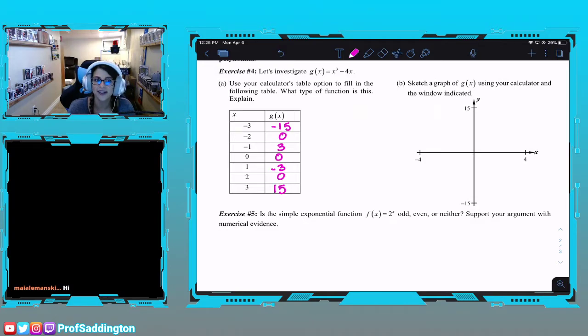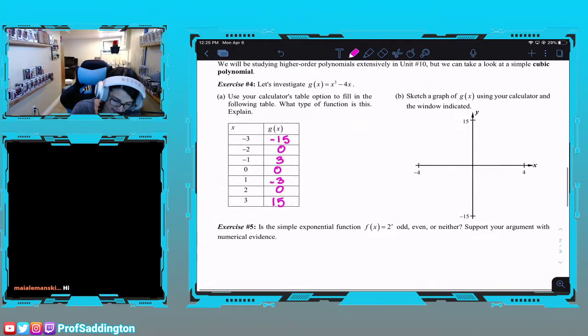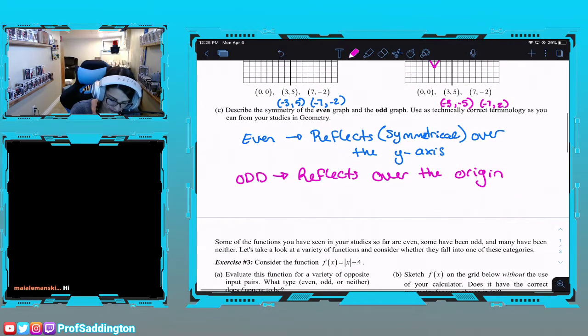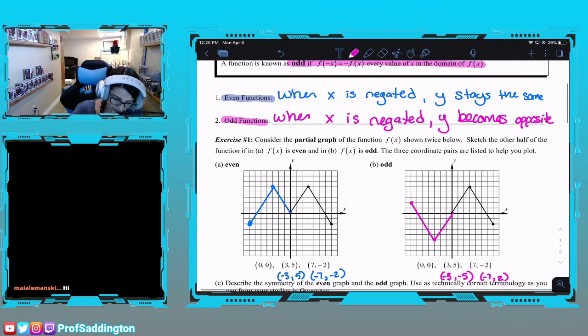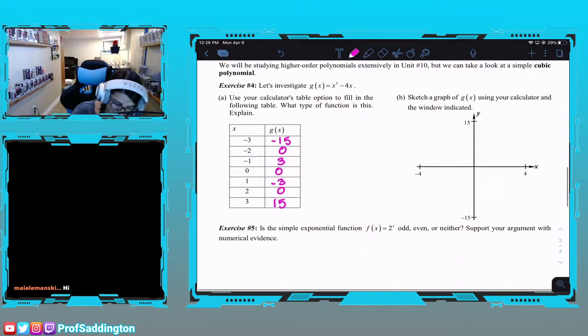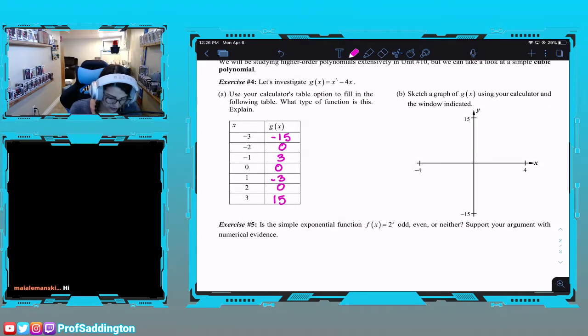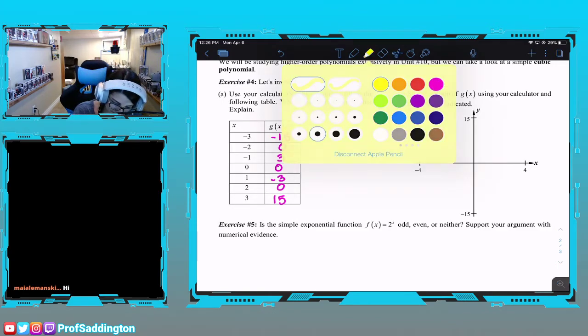And let's go back again to that definition for even and odd. Even is when x is negated, y stays the same. And when we had odd, they both pretty much changed the sign. So when x is negated, the y became opposite. So if we look at our points here, we had -3, -15, but then I also have a pair of points that says +3 and +15.